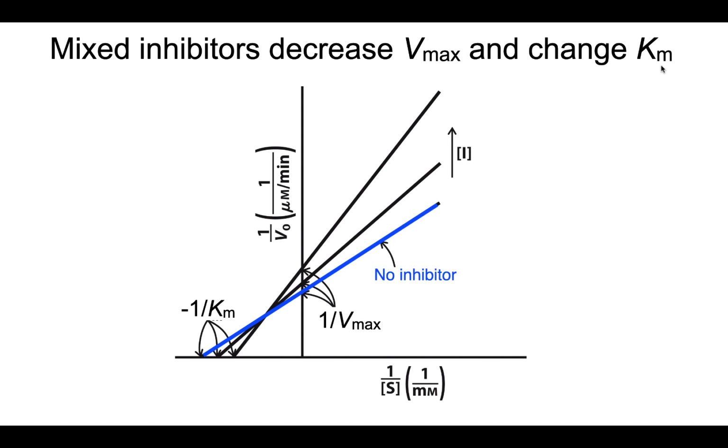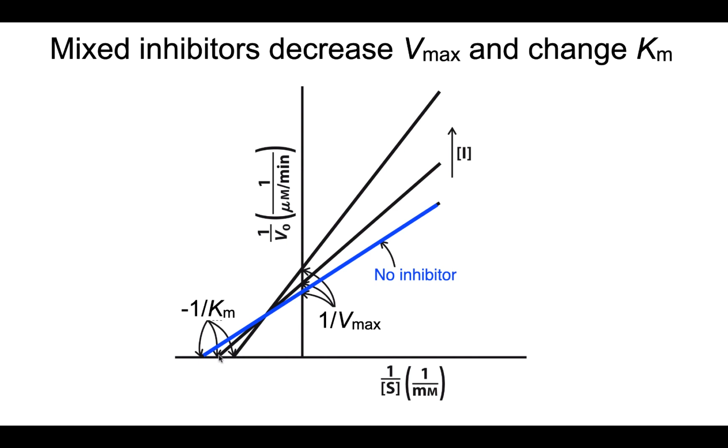And again, this is a double reciprocal plot, so this is 1 over initial velocity, this is 1 over substrate concentration. In blue is no inhibitor, and then in black is with increasing concentration of inhibitor. What you'll notice is, sure enough, we see decreases in Vmax as we increase the inhibitor concentration.